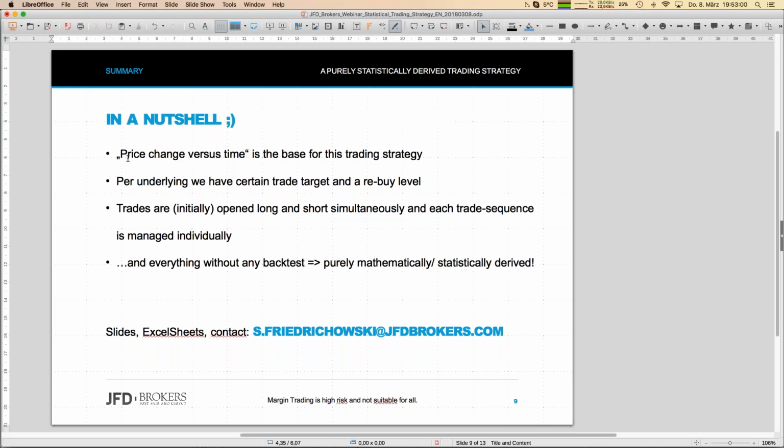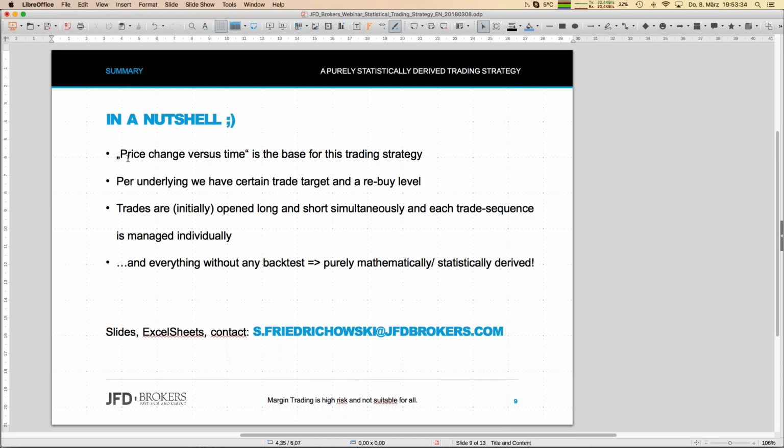Initially, when we start, we open a long and a short simultaneously. Later, you will see one goes into take profit or maybe stop loss. And then a minute later, I simply open the next short or long, whichever one has hit the take profit level before. So I always talk about trade sequences, and those trade sequences are managed independently with a stop loss level and take profit level, and everything is always for a complete sequence.